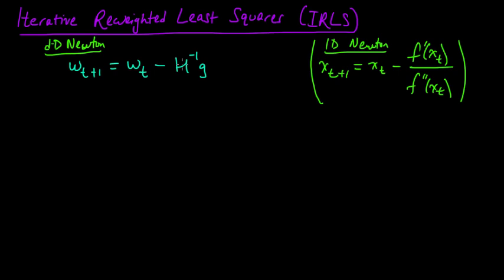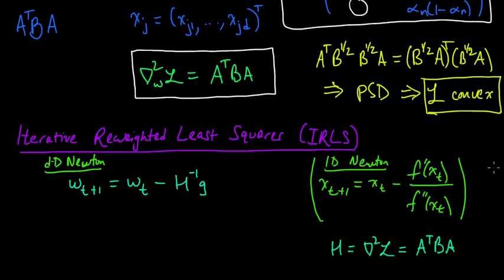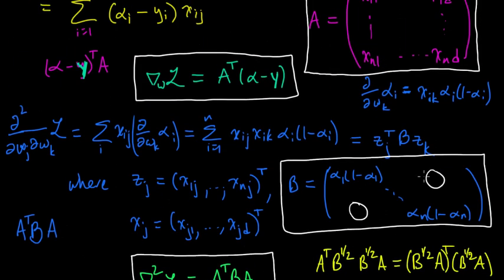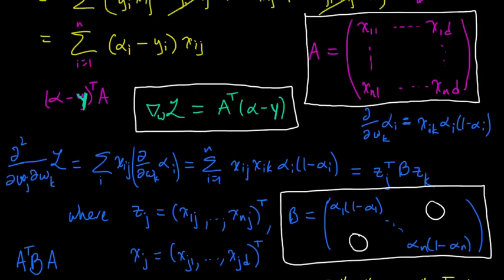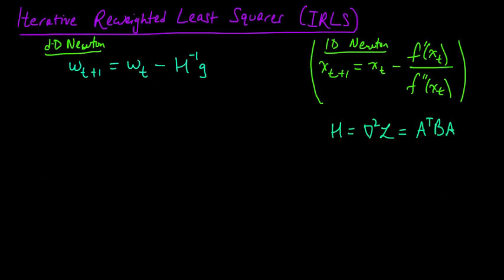This is the formula that we want, and let me put it over here. H was this Hessian matrix of L, and that was A transpose B A, where B was this diagonal matrix, and A was our design matrix up here with our data.